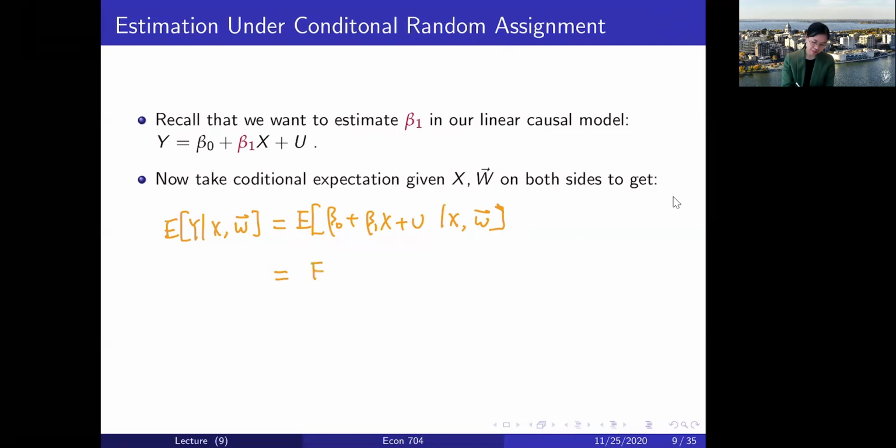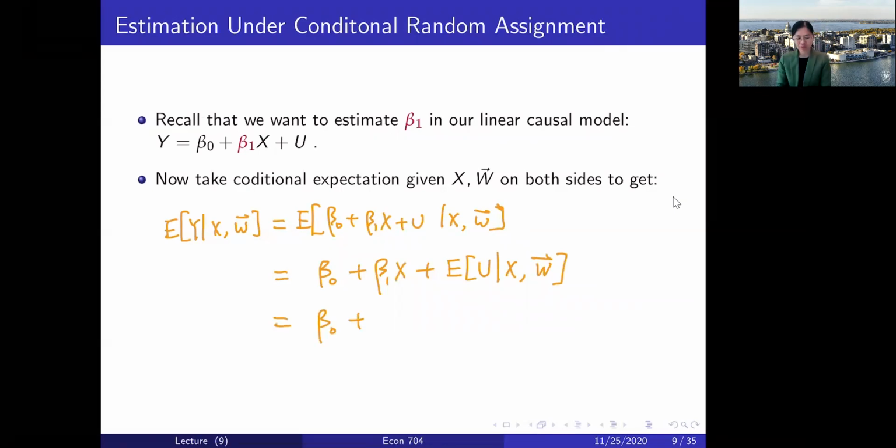So that equals expectation of beta 0 given X and W. But beta 0 is a constant, so beta 0 can be taken out. And beta 1 X can also be taken out because once you are given the value of X and W, beta 1 X is also given. It becomes a constant. So that can also come out of this conditional expectation. What cannot come out is U. So E of U given X and W will have to be still here.